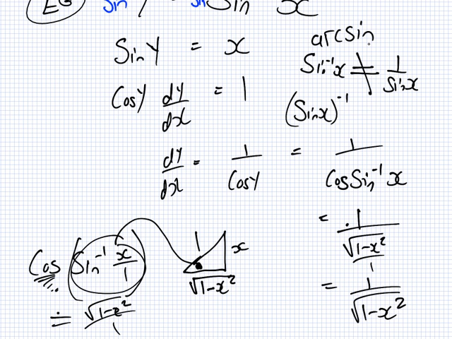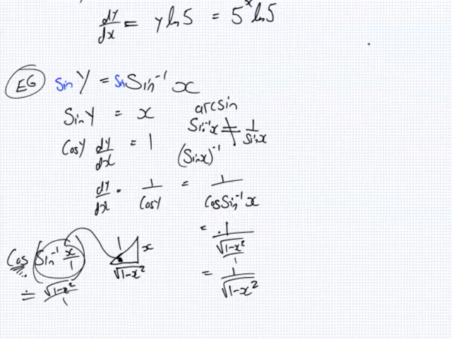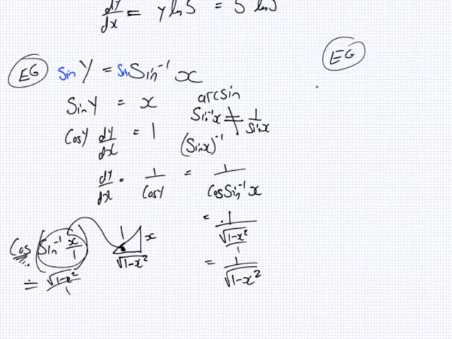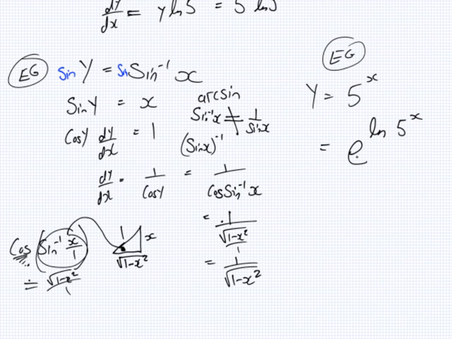Teacher, for the previous question, y equals 5 power x, what if you think of it like y equals 5 times x times, so it's always 0, right? No. There's actually another way to do the last one. I'll just show you. If you have y equals 5 power x, you can change that into e log 5 power x, because e and log cancel.